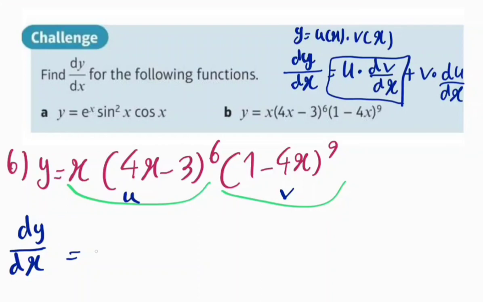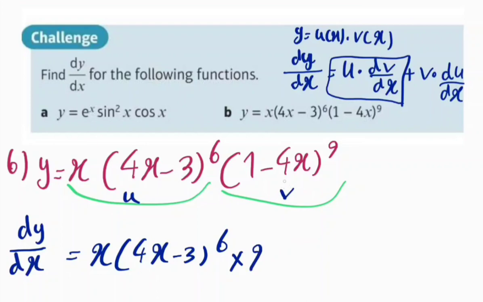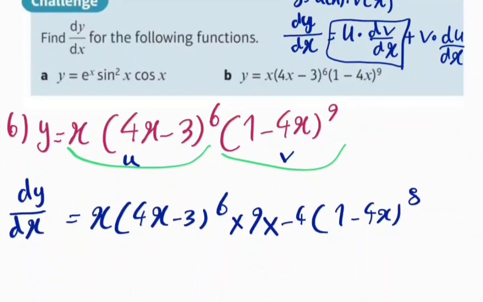So our u is x times 4x minus 3 to the power of 6, times our dv dx. dv dx here is that: 9 comes down, then inside the bracket differentiates to minus 4, and then we have 1 minus 4x to the power of 8. And now this is our first half, so we have done that.